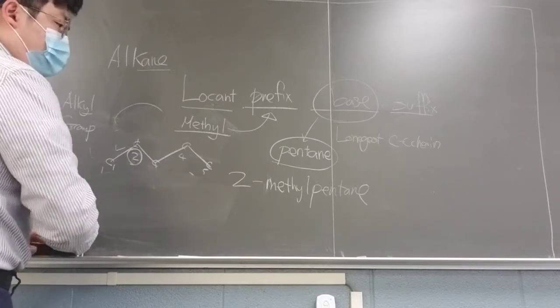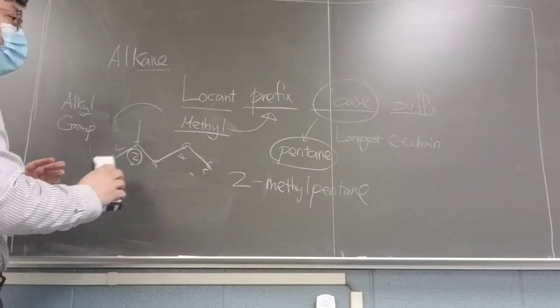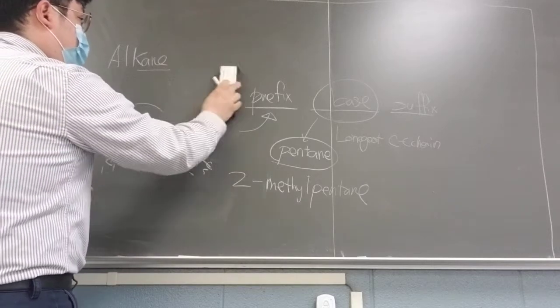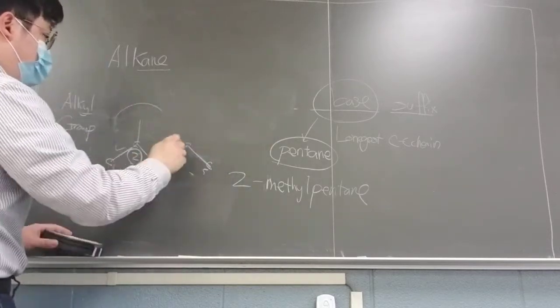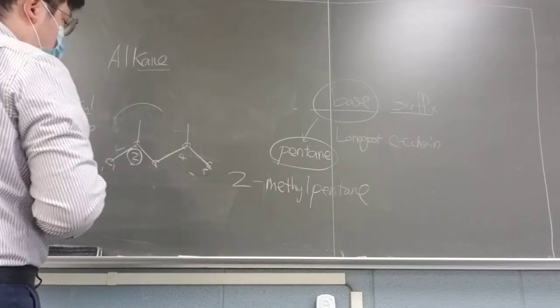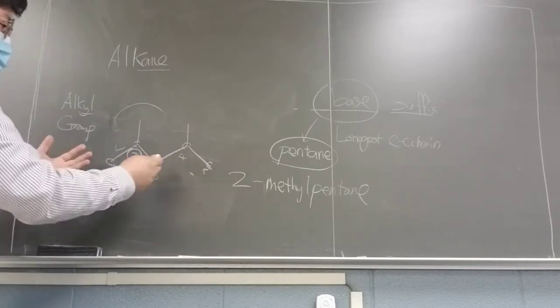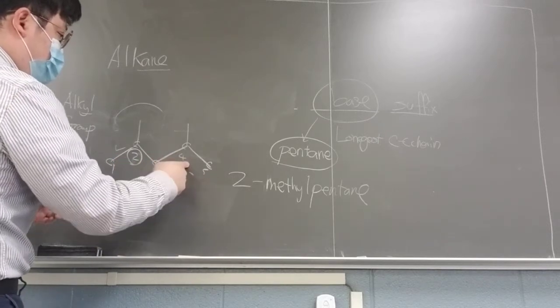Okay. And then if we have more than 1, maybe we have 2 methyl groups over here. In this case, you can count the carbon 1, 2, 3, 4, 5. It's still 2 and 4.